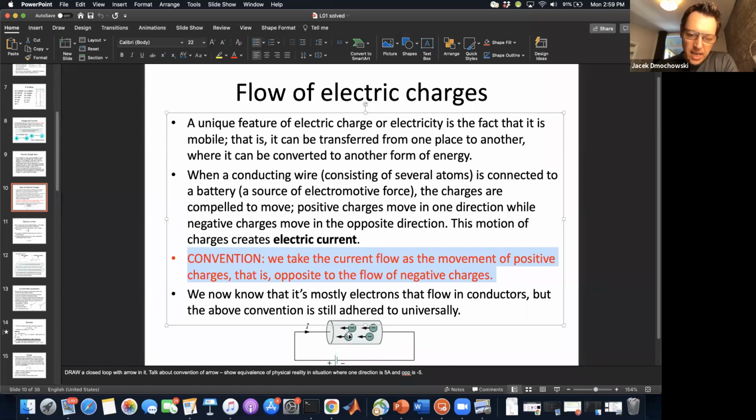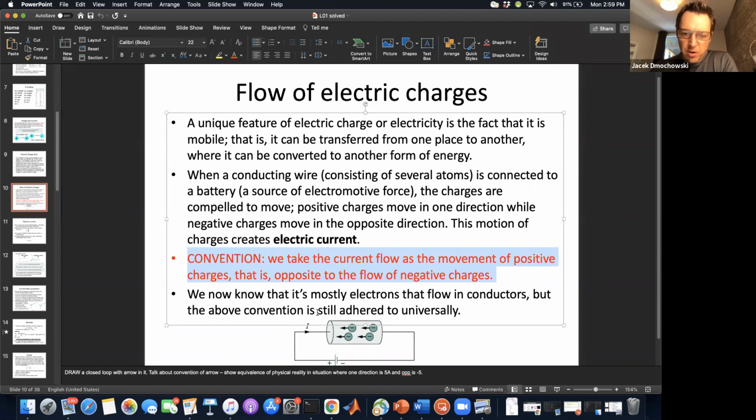Now, in reality, in conductors at least, it's electrons that do the traveling. However, the statement that there are I amperes flowing clockwise is equivalent to saying that there are negative I amperes flowing counterclockwise.